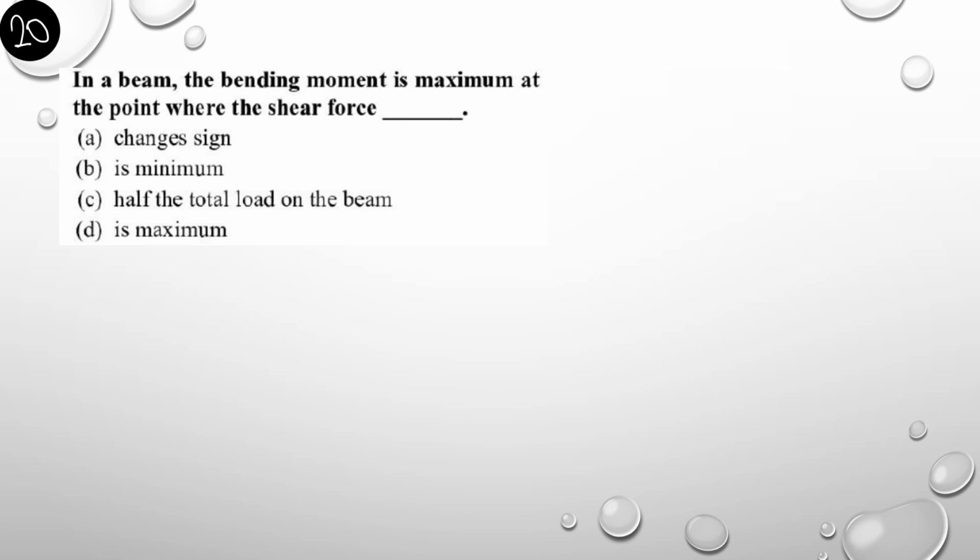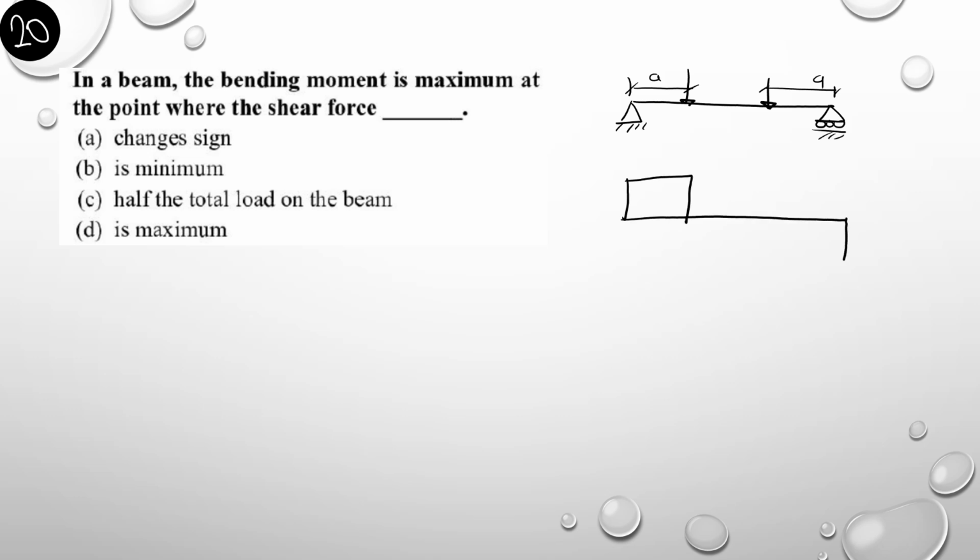In a beam, the bending moment is maximum at the point where shear force is. For that, I consider one example. This is a simply supported beam subjected to 2 point loads, and the point loads are equally distanced from its supports. This is the shear force diagram for this particular beam, and this is the bending moment diagram.